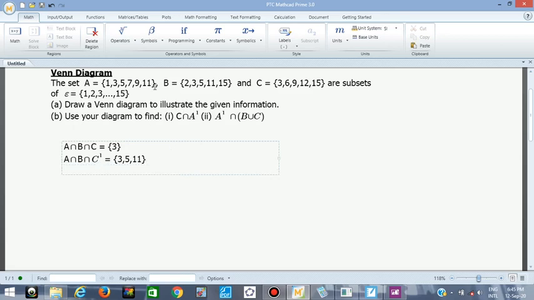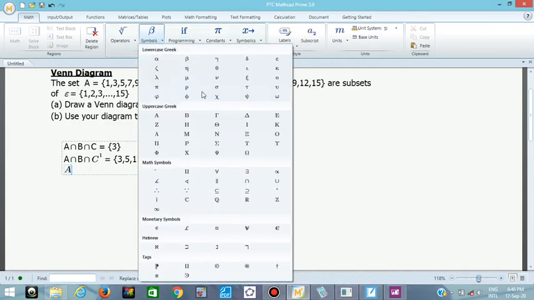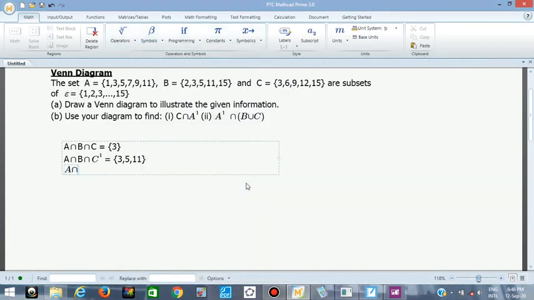Let's look at the elements you have in A and C, but we don't have them in B, which is A. Let me use math mode, which is A intersection B, then intersection C. Then we are talking of the ones in A and C alone. That means I'm going to have complements here.